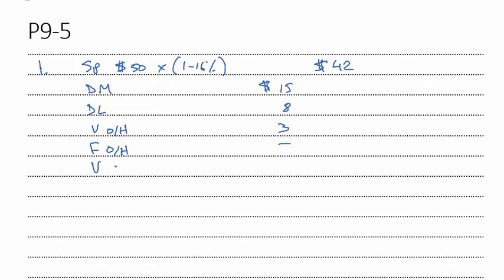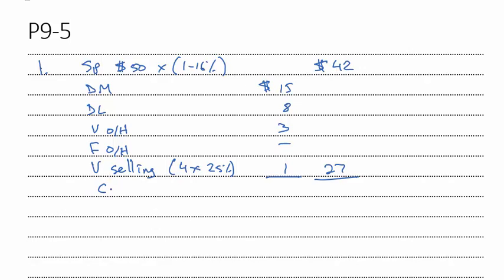Variable selling. Now, somewhere in here it said selling expenses slashed by 75%, right? So 4 times 1 minus 75%, or 25%, is $1, right? And so that works out to $27.